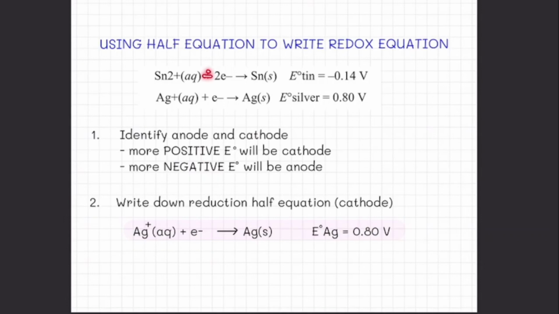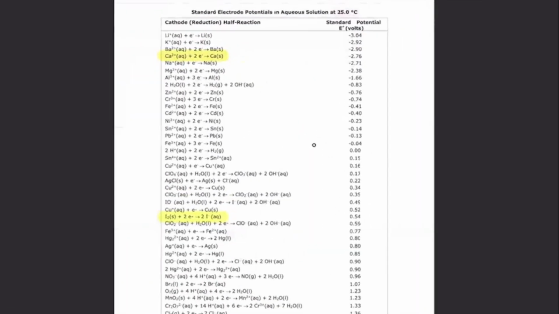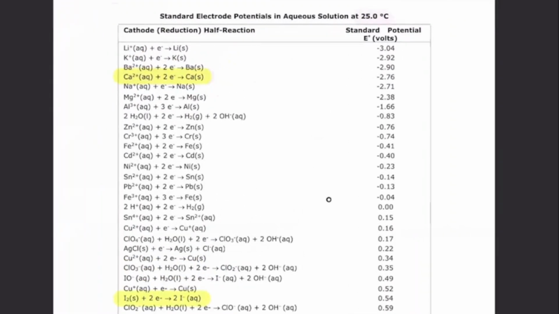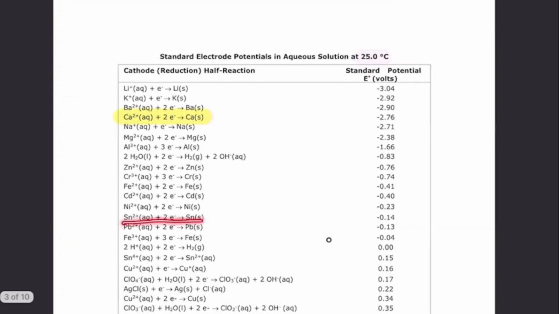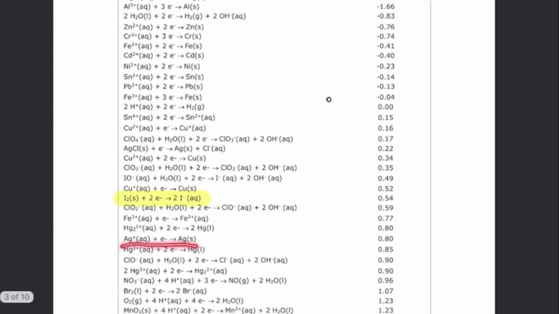Because we add electron, meaning that the ion receives the electron, and when they receive the electron, there is a reduction process. You can find here we have tin and also our silver.